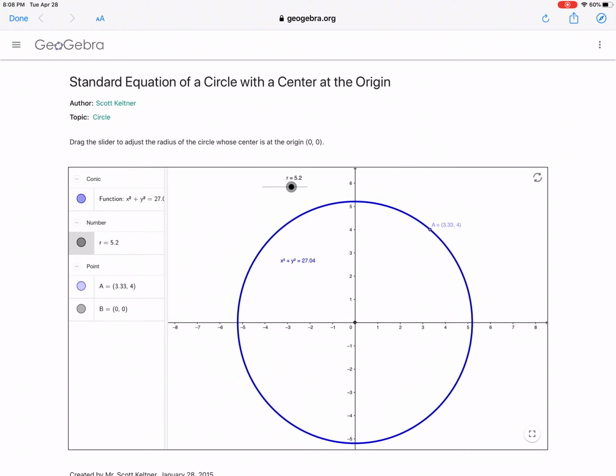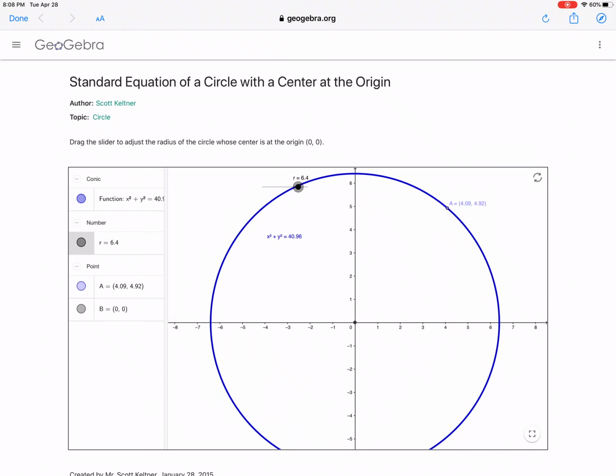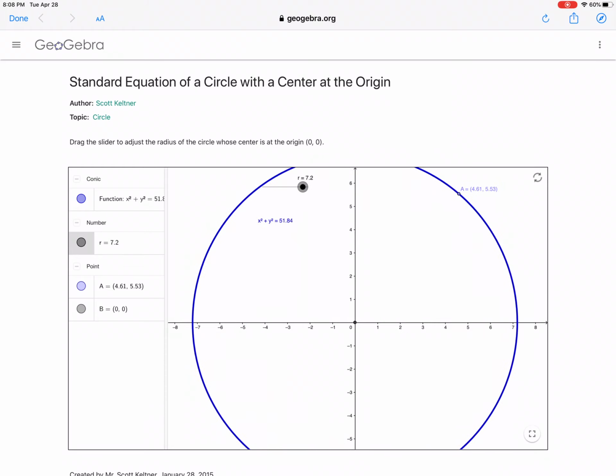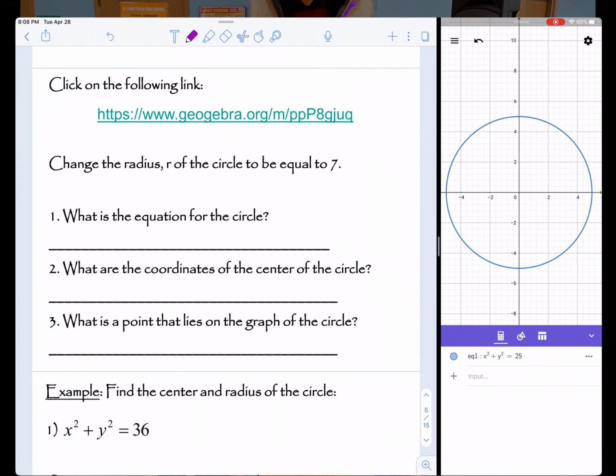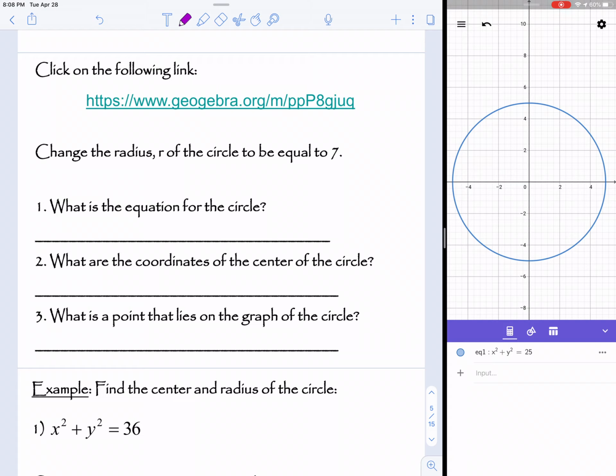It says in the directions, make the radius equal to 7. If the radius is 7, you should see the equation x squared plus y squared equals 49, which should make sense if the radius is 7 and you understand how that equation comes about. So write the equation of the circle: x squared plus y squared equals 49.